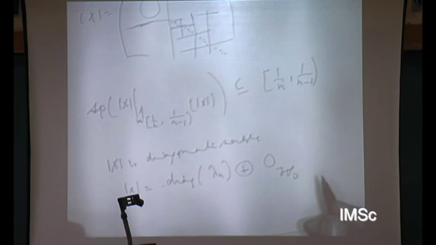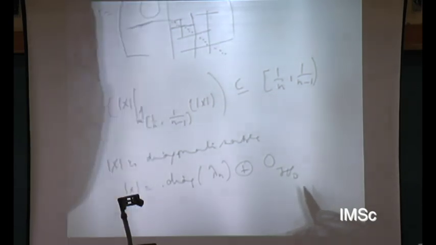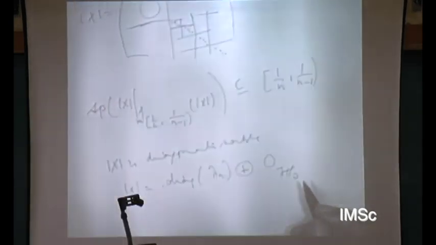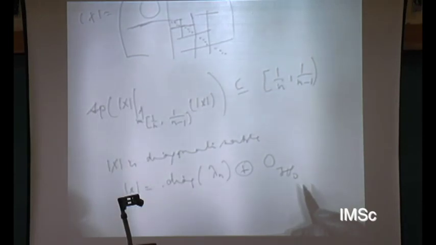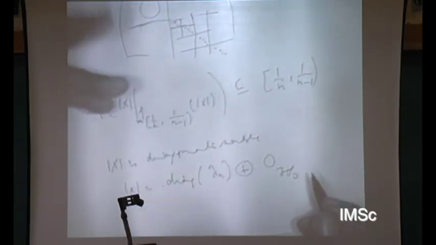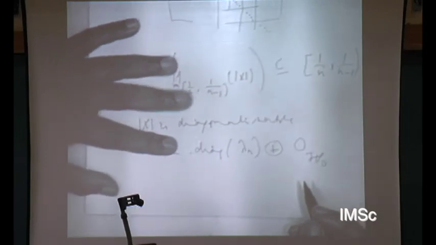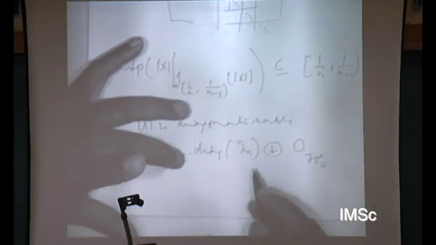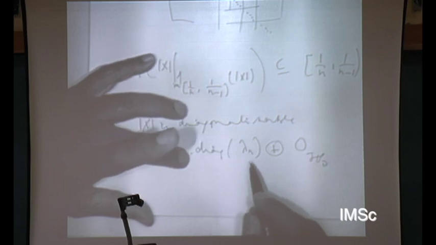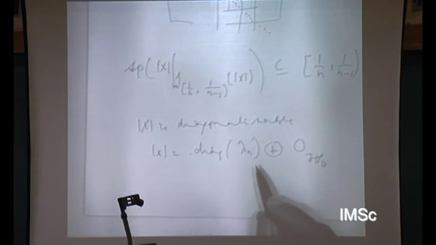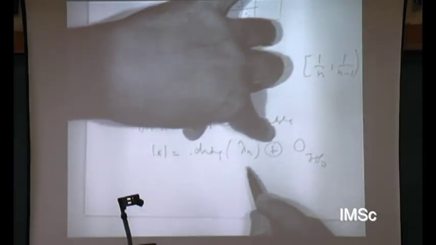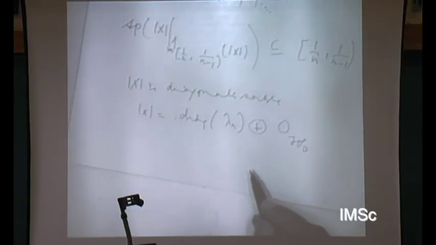If mod x had finite rank, already at some stage you have caught everything. Only if the spectrum goes all the way down to 0 will it be true that each of these H's is non-zero, or infinitely many of them will be non-zero. For you to say it is a sequence converging to 0, it must be infinitely many. It is either finite in number or it is a sequence converging to 0.